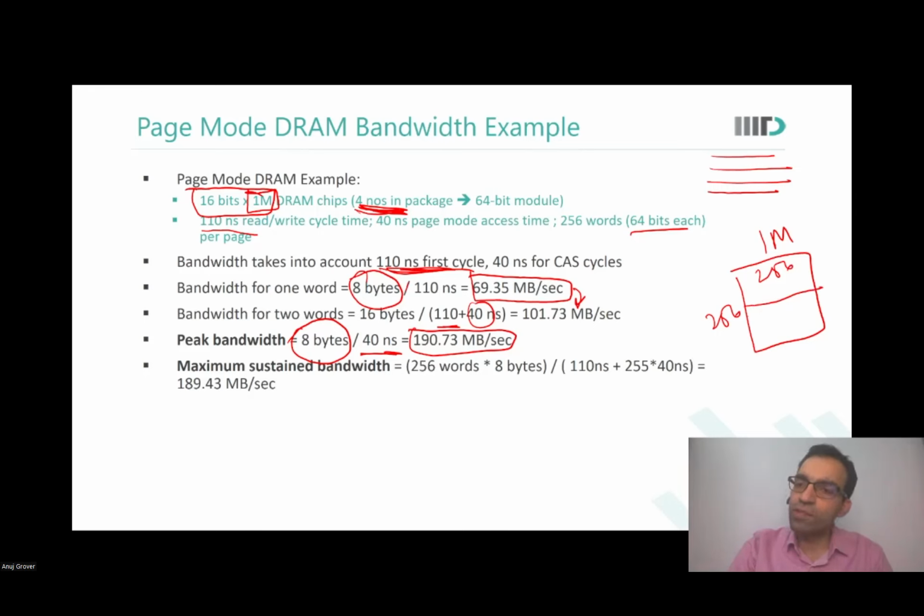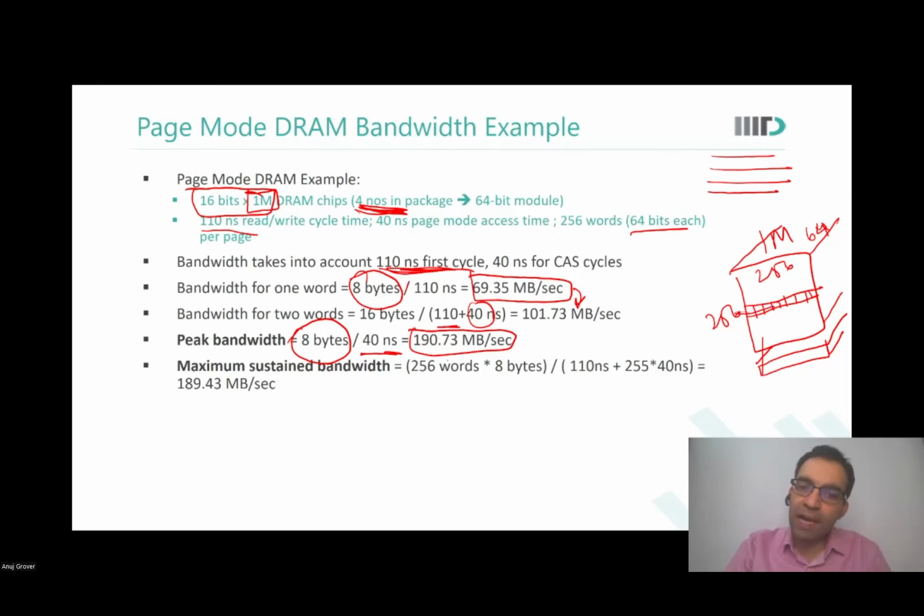If I have 256 columns, the SRAM down below would be 256 cross 64, because 64 bits are there. So I can actually access 256 64-bit words in one row access.